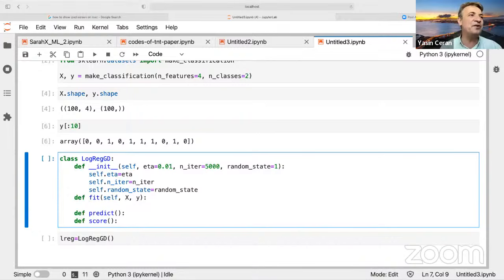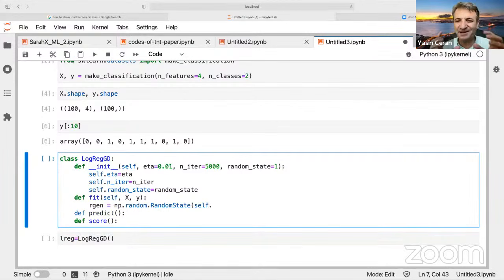We're just going to assign some random numbers to the w's. For that, I'm going to generate a random number generator. So my random number generator is this. I will use NumPy's random library, and then I will set its random state to the random state.